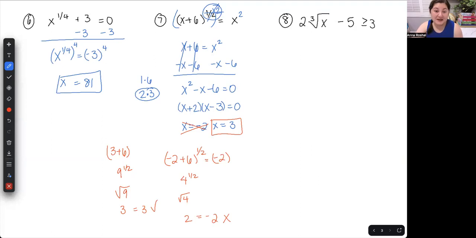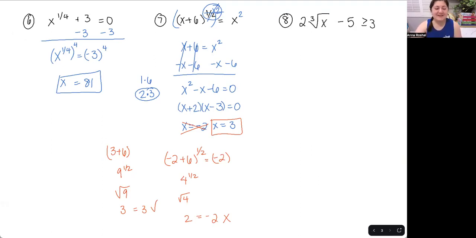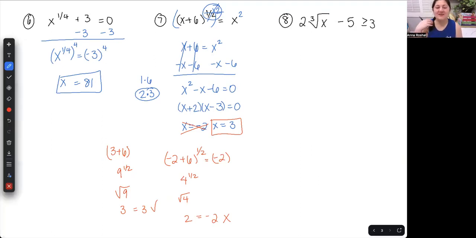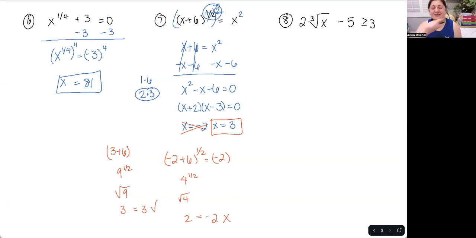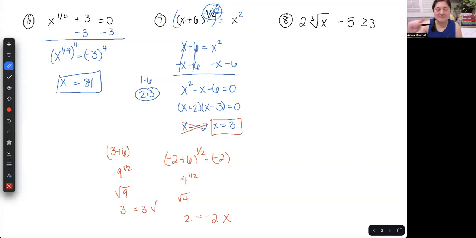Another thing you want to keep in mind is, are you using the proper original equation, right? So definitely make sure that you're underlining or highlighting or keeping tabs on where the original equation is.